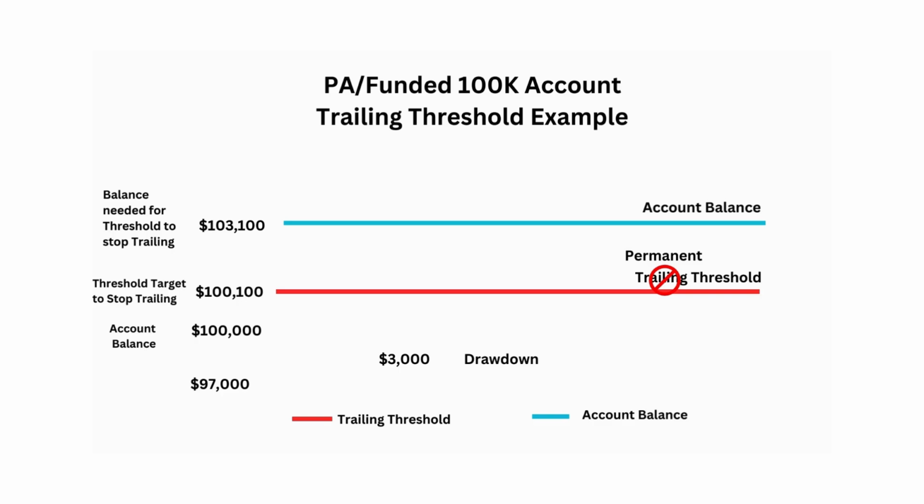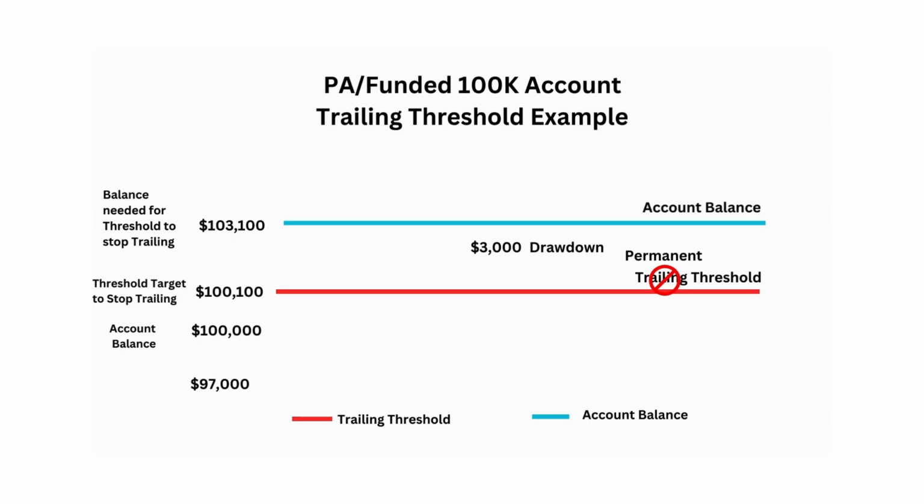However, now that the threshold has permanently settled at $100,100, keeping an eye on the peak balance is unnecessary. Now you can concentrate on boosting your overall account balance, which naturally widens the gap between your account balance and the threshold. This in turn enables a more substantial drawdown, optimizing your potential gains.